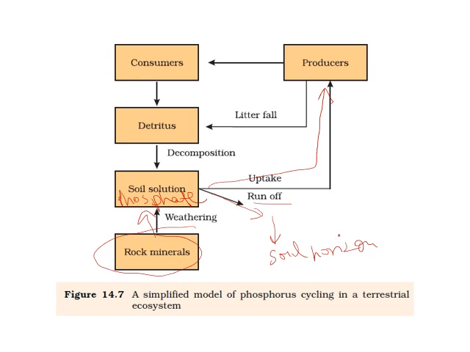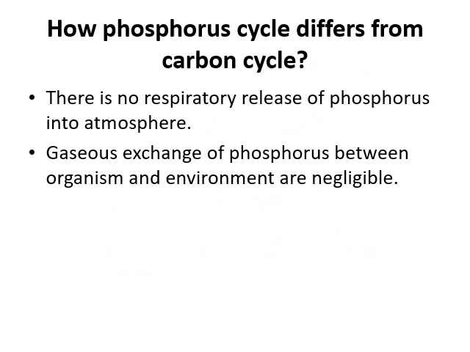This is called runoff, and some of the phosphate is taken up by the plants, and from plants phosphorus goes to consumers. Then as a result of decomposition and death of these organisms, detritus is formed, and by decomposition phosphorus comes back to soil.